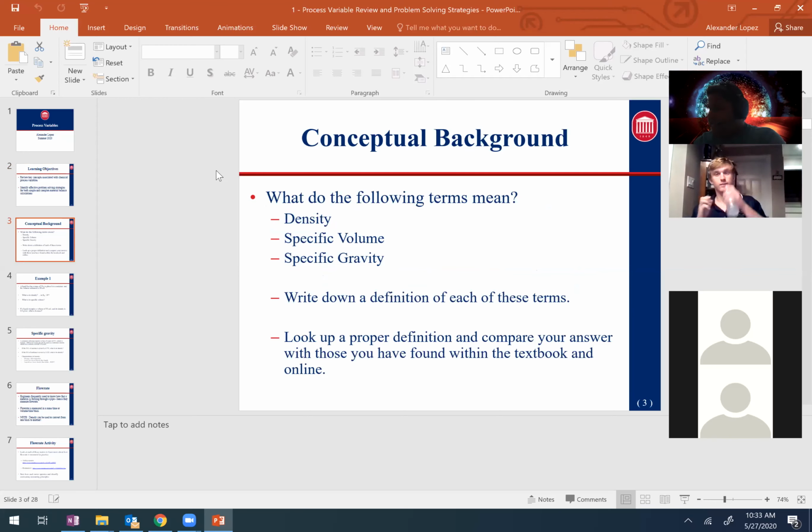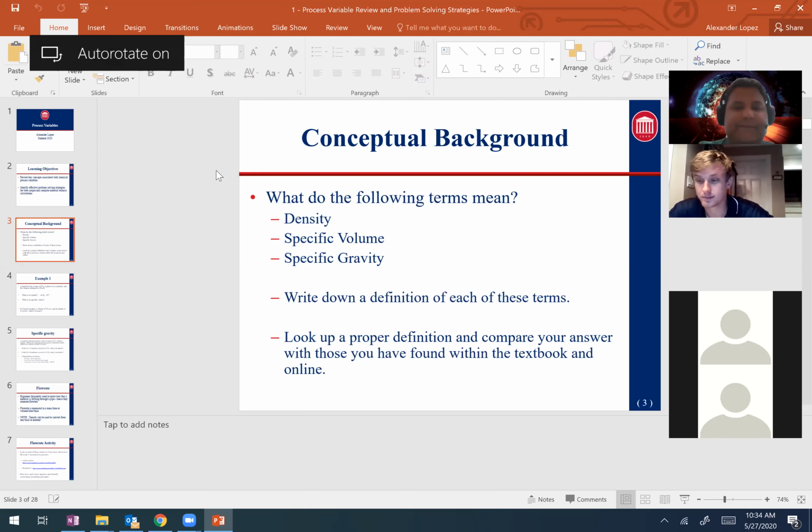One of the big things we look at is how we quantify and qualify materials. We have things like mass, density, volume, as well as specific volume and specific gravity. Let's take a quick look at some of these.